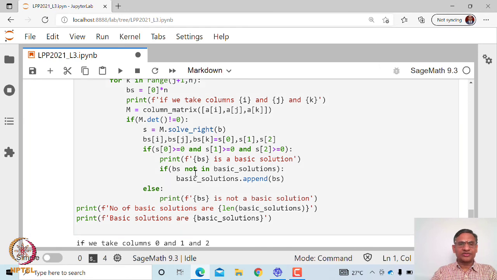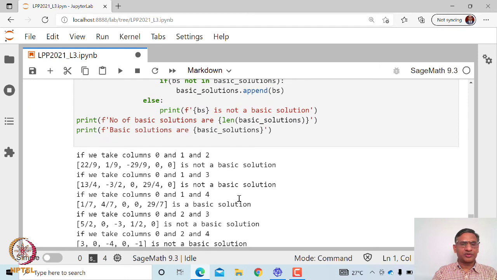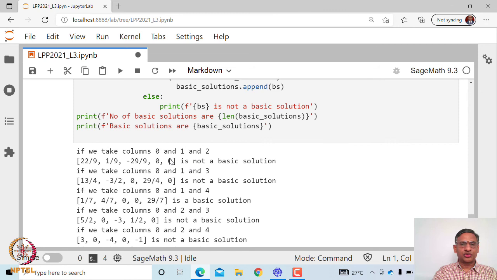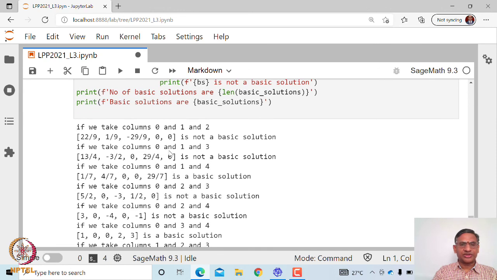So let us run this, and when we run this you can see in this case 0, 1, 2, that is, the first three columns are linearly independent. However, this is not a basic feasible solution because this component is 0. If I take first, second and fourth column, then again this is not a basic feasible solution.